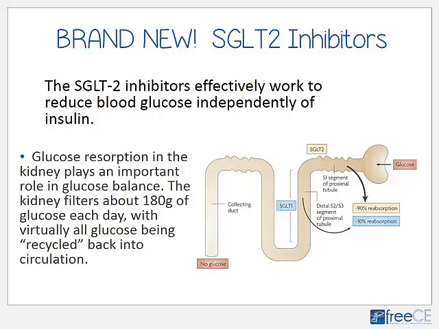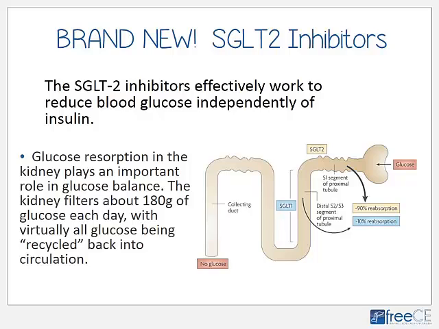And in the kidneys, we have our glucose resorption, and that plays a really important role in glucose balance. The kidney filters about 180 grams of glucose every day, with virtually all glucose being recycled back into the circulation. And the only time that we have spilling into the urine is when we saturate that enzyme system. We'll get our sugar spilling into the urine, and that happens, as I said earlier on when we were talking about test tape, at about 180 milligrams per deciliter.